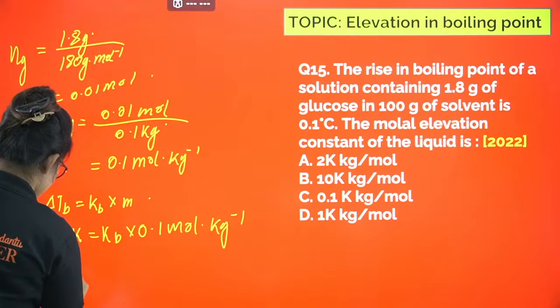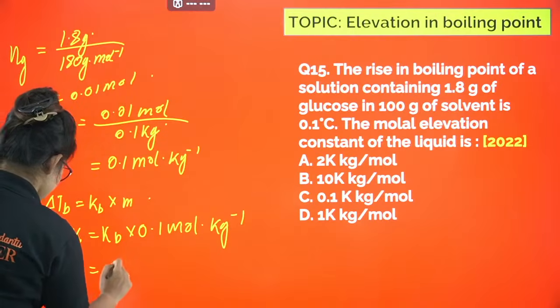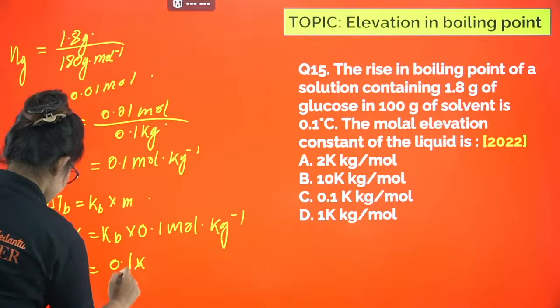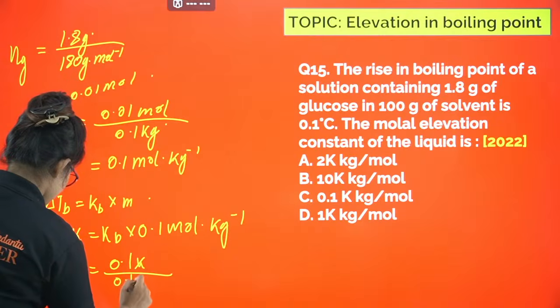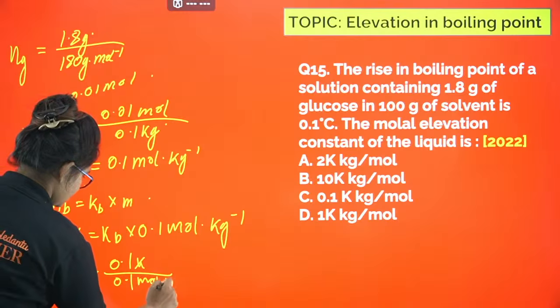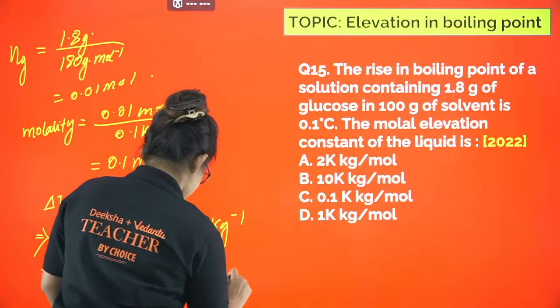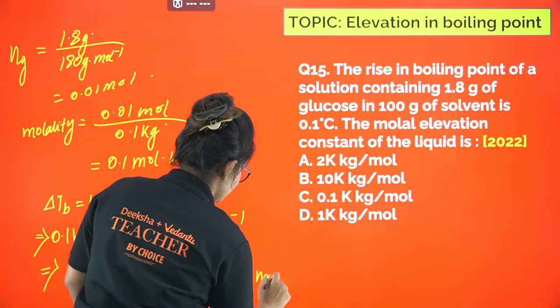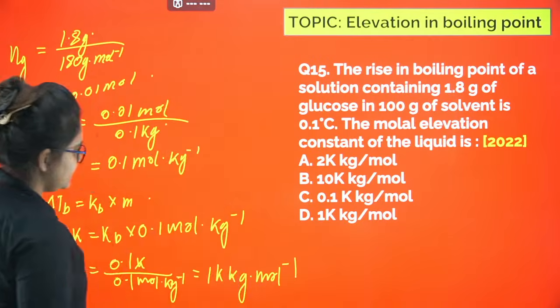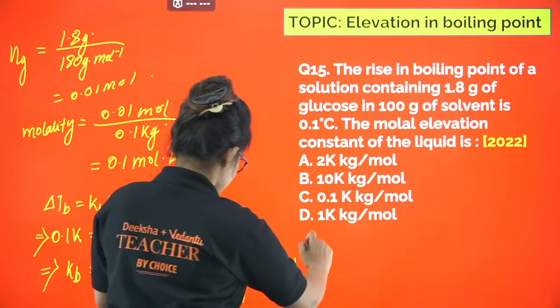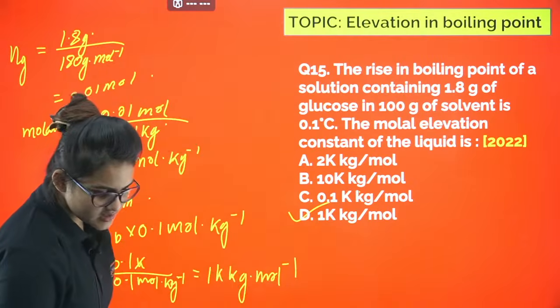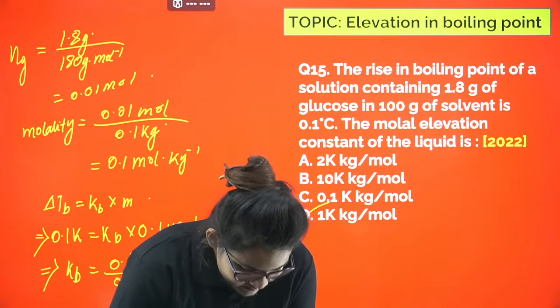From here, kb will be 0.1 Kelvin divided by 0.1 mole per kg. So I am getting 1 Kelvin kg per mole. Option D is going to be the correct one. I guess you understood.